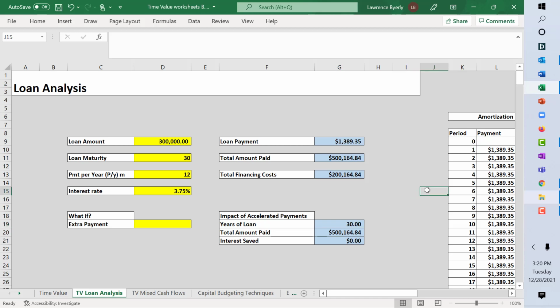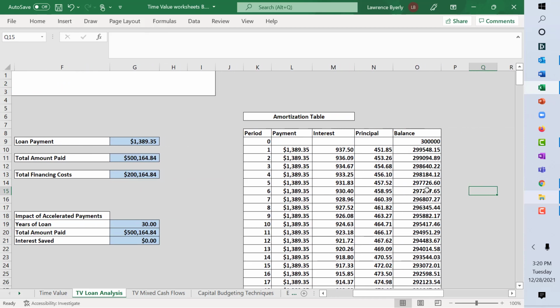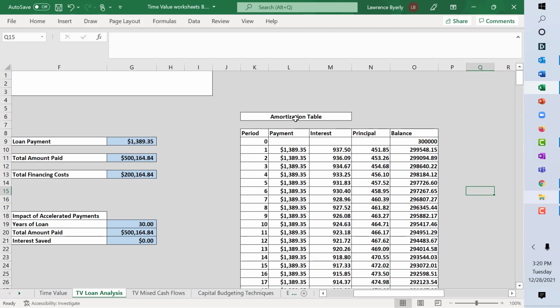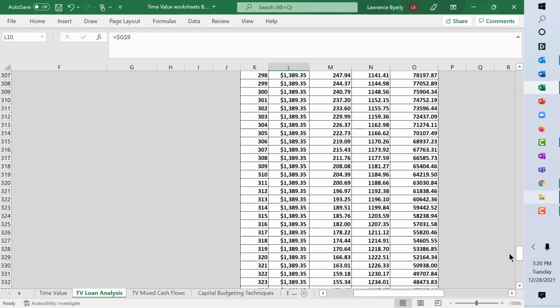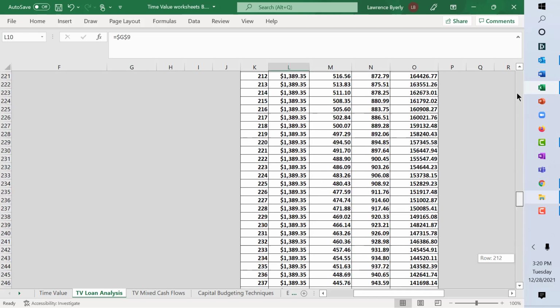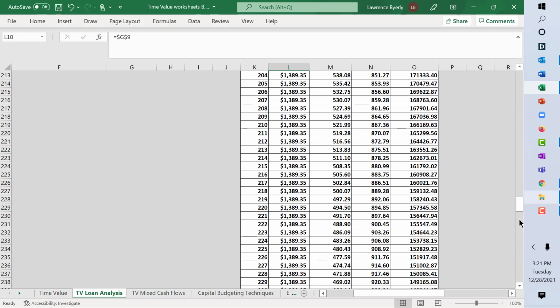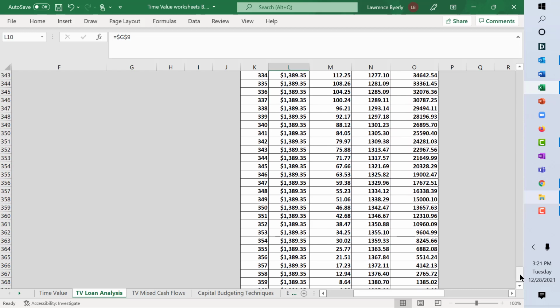One of the things that we are interested in when you think about borrowing money is what's referred to as the amortization table. If you notice, here are the payments, $1,389. If we scroll down here, there are 360 of them, right? So what happens the very last payment? 360 payments, what?